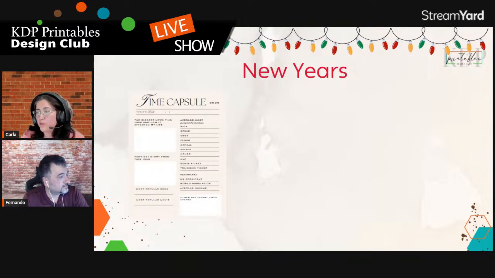For example, what was the biggest news this year? How did it affect my life? A funny story from this year. This can be sent as a newsletter. Sometimes people send letters about what happened in their year, so they can send this, I think.